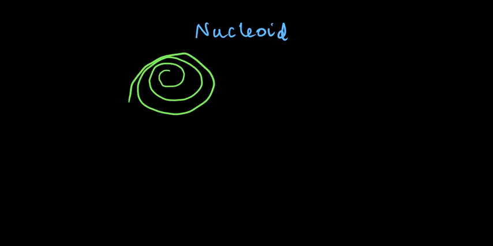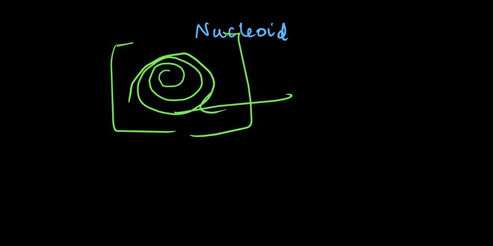So that region where you're able to find this circular DNA is what we are referring to as the nucleoid. Remember that this DNA is double-stranded. So this nucleoid is able to store genetic information.